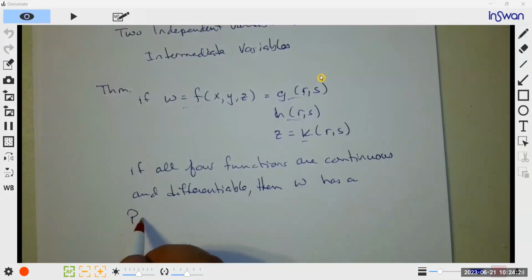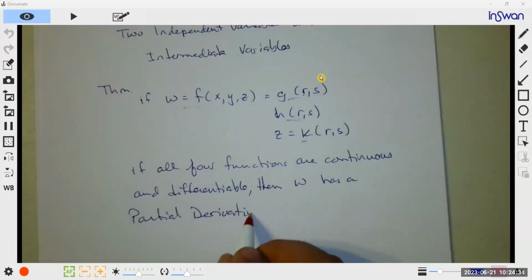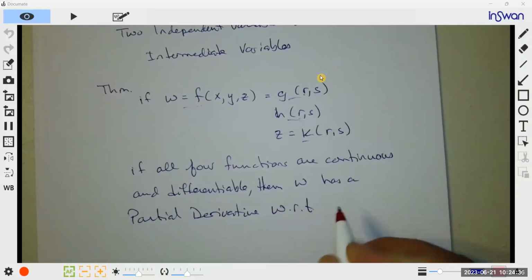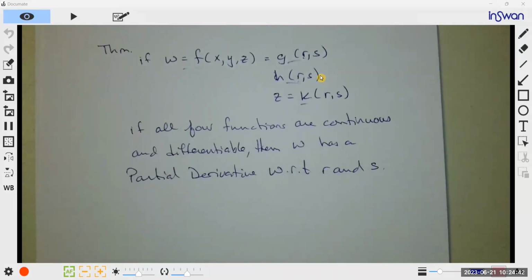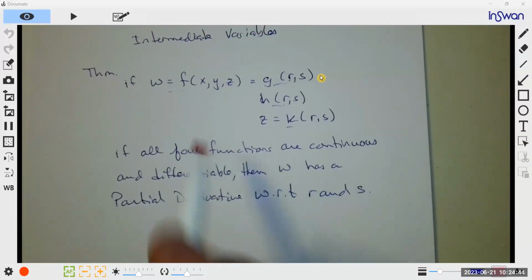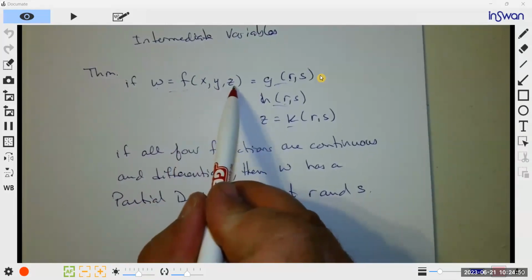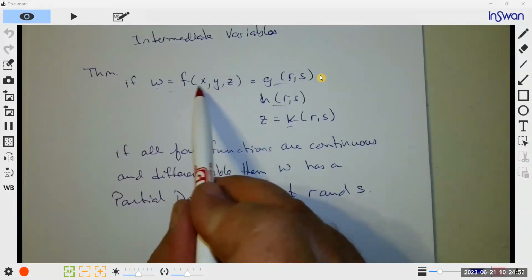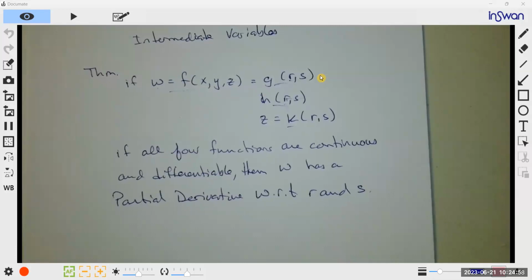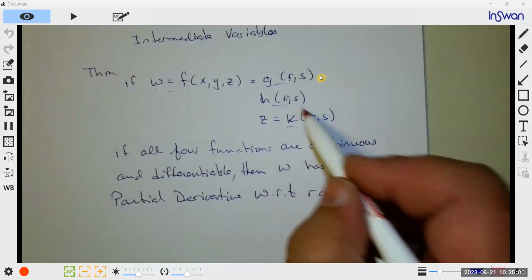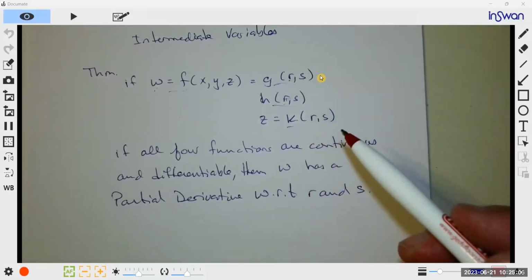then the function W has a partial derivative with respect to R and S. Because the function W is at this, and since this function f of x, y, and z equals g of this, h of that, and z of that, W has to be the partial of that, of the R and S, which are the variables of the function.